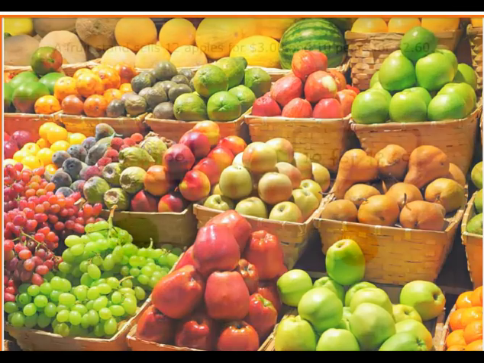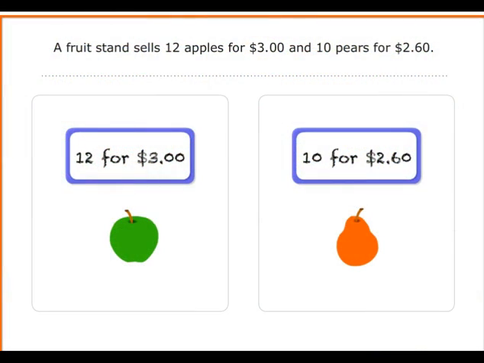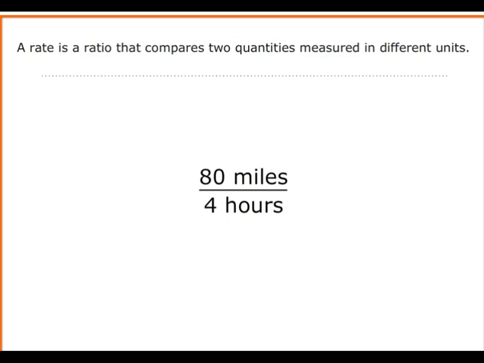A fruit stand sells 12 apples for $3 and 10 pears for $2.60. To know whether each apple costs less than each pear, it helps to understand rates. A rate is a ratio that compares two quantities measured in different units.